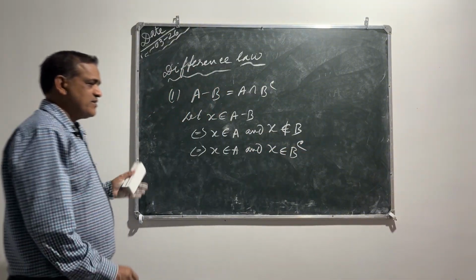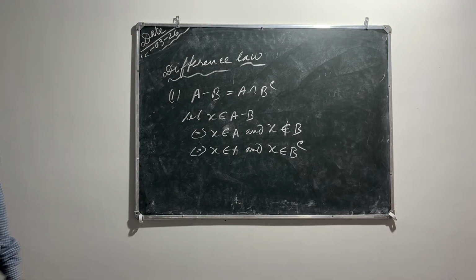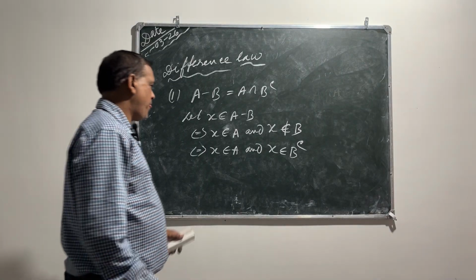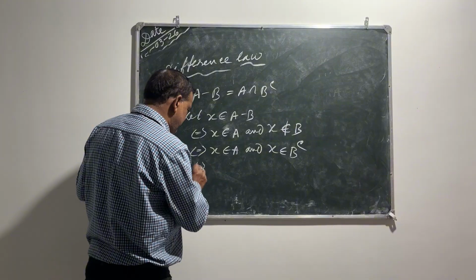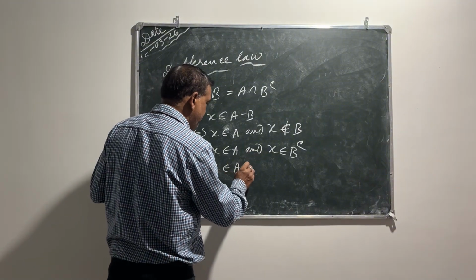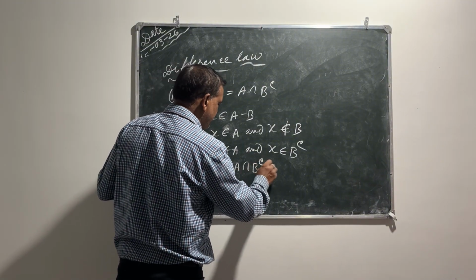If X doesn't belong to B, then definitely X will belong to the complement of B. Then combining these two, you can write X belongs to A intersection B complement.